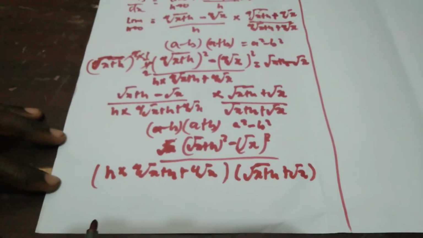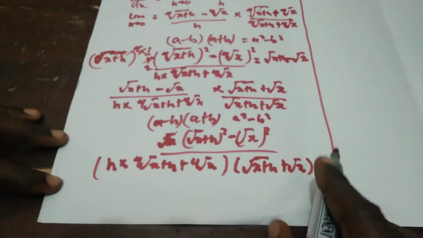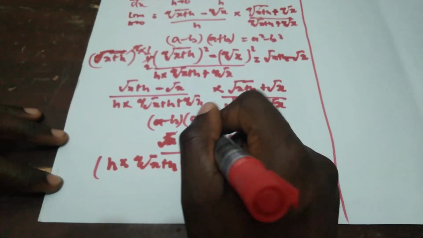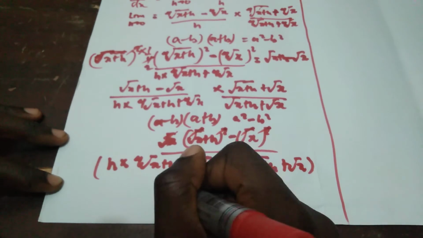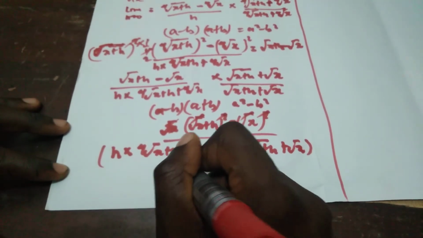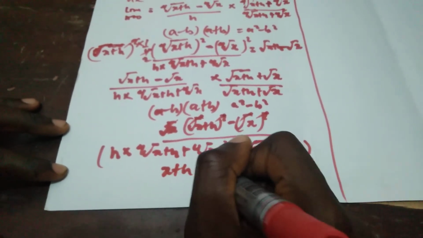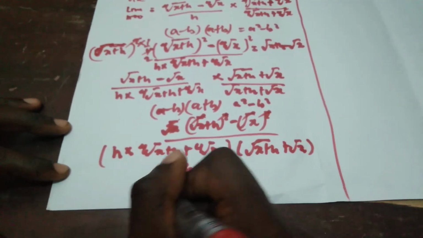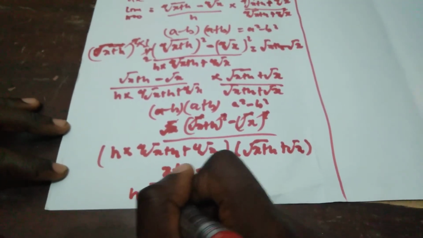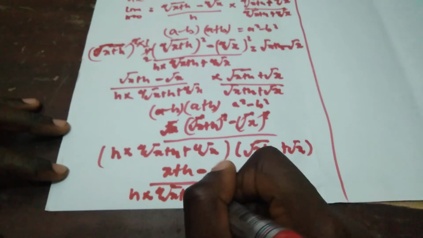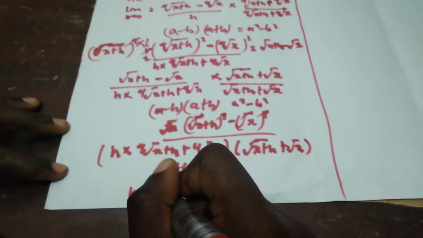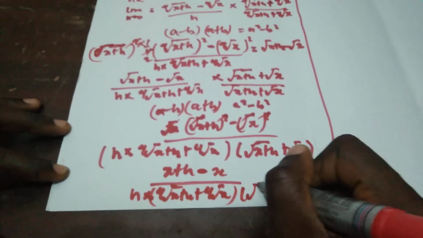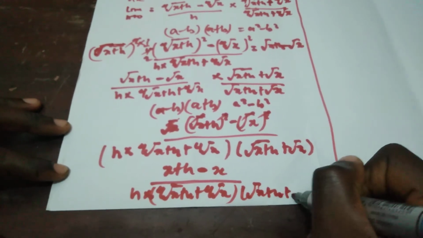For the concluding part, the squares will cancel each other. So we have x plus h minus x all over h times the fourth root of x plus h plus the fourth root of x, and then root of x plus h plus root of x.